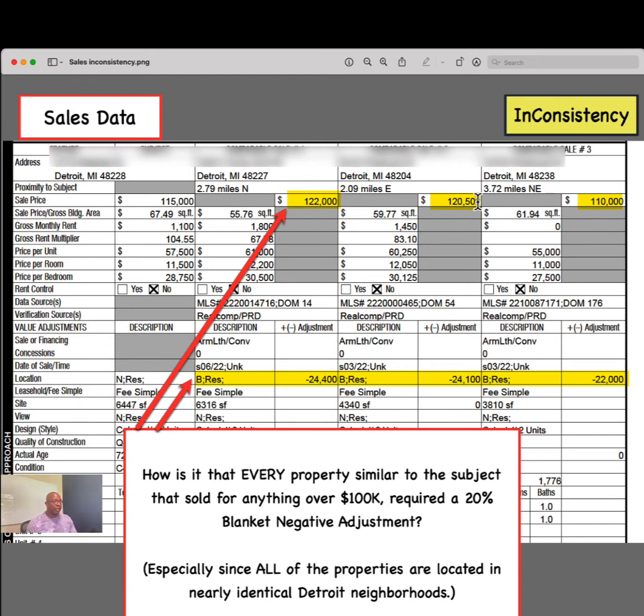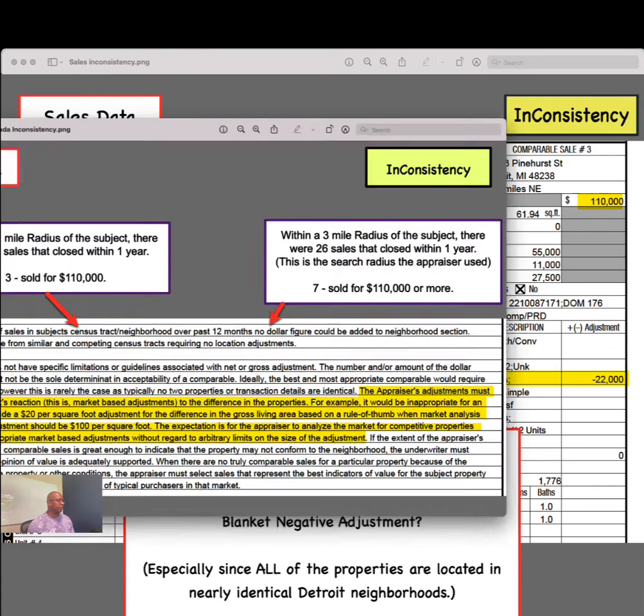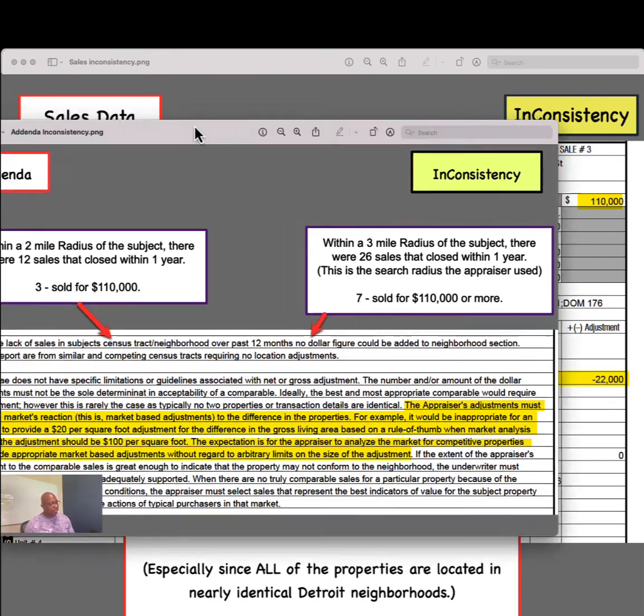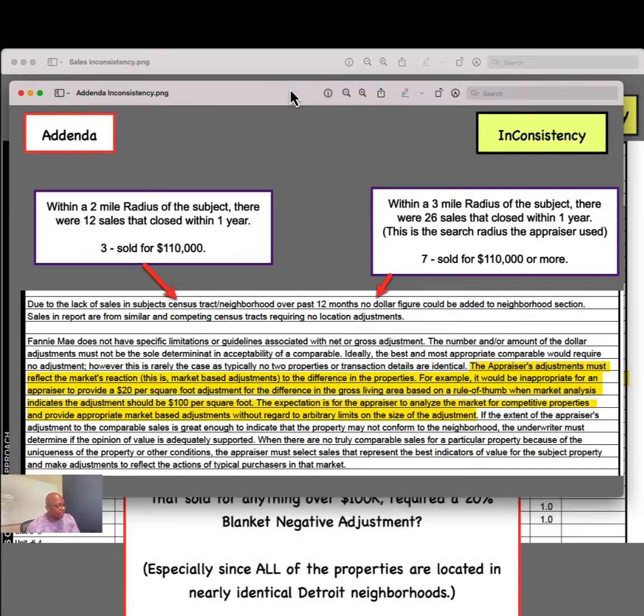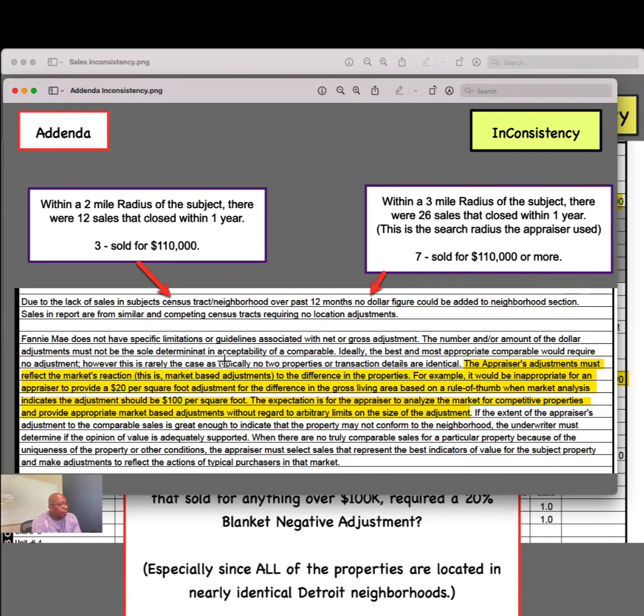And, oh, by the way, here's the most ironic part. The most ironic part is this. In his appraisal, he includes this little tidbit. Now, I'm gonna spare you the thing, but I'm gonna read this. The appraiser's adjustments must reflect the market's reaction.